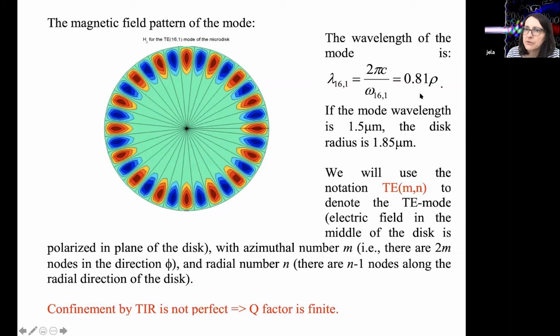You would have to build a disk which has radius rho equal to 1550 nanometers divided by 0.81. So that's the radius of the disk that you will have to have, something on the order of 2 microns, 1.85 microns radius exactly. So you would design the system in such a way that it operates exactly in this mode at the 1550 nanometer wavelength. Okay, any questions here?